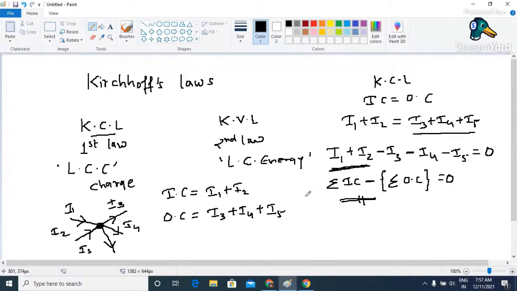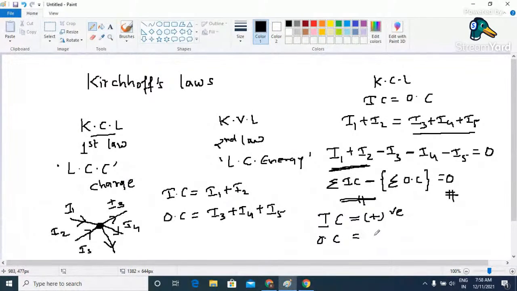Kirchhoff's current law states that at a node or at a junction, the summation of incoming current and the summation of outgoing current are exactly the same, or if you take the algebraic sum, it must always be 0. While applying Kirchhoff's current law, we need to apply a simple sign convention: if you take incoming current as positive, you have to assign the opposite sign to outgoing current.